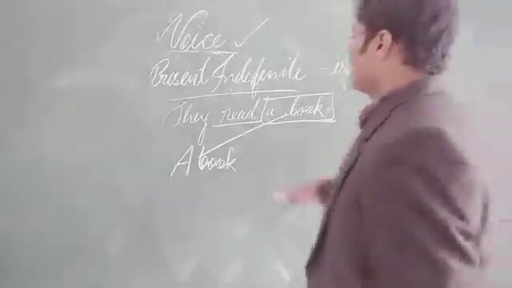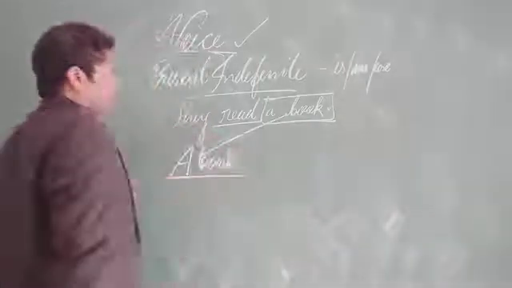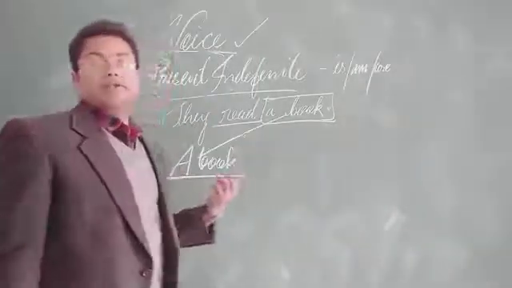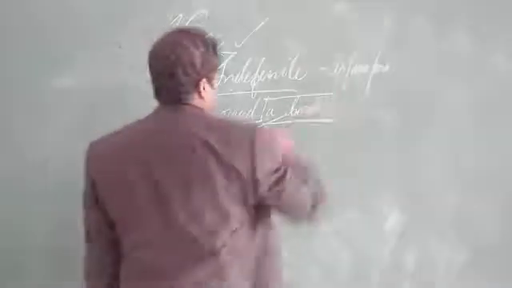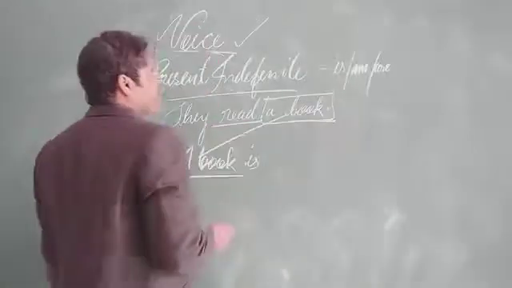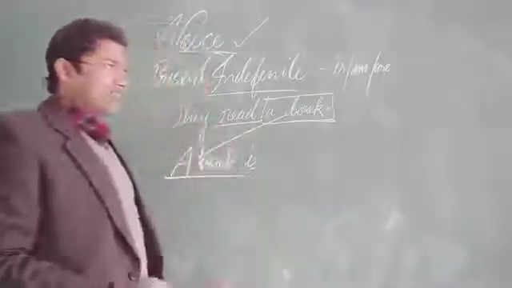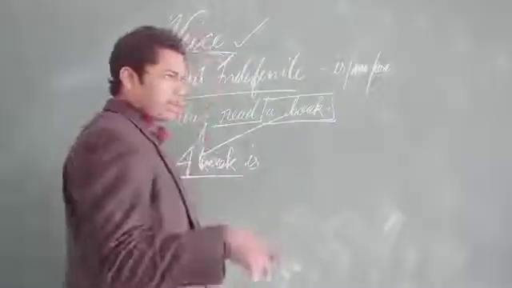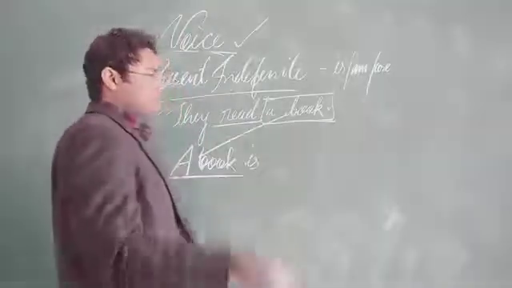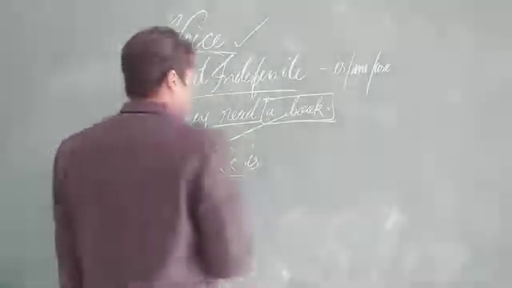Now, a book is singular. The number of this word is singular. So a book accepts is. Now, read, past participle of this word. Read, read, read. The spelling will be same, but pronunciation will be different.